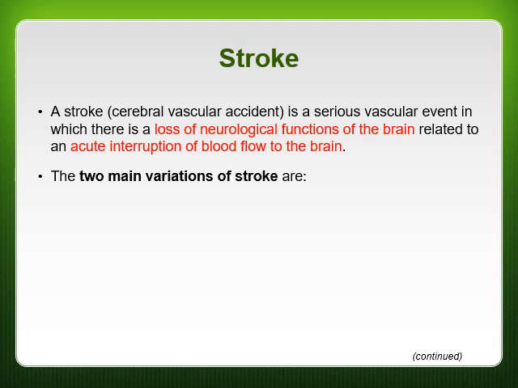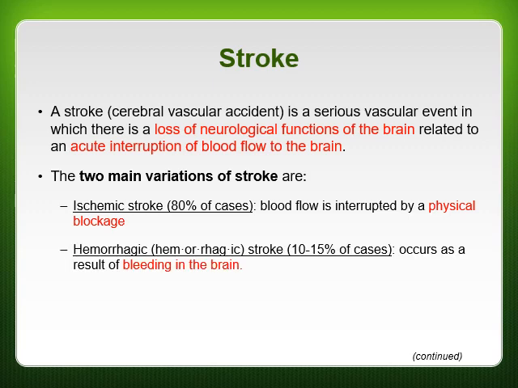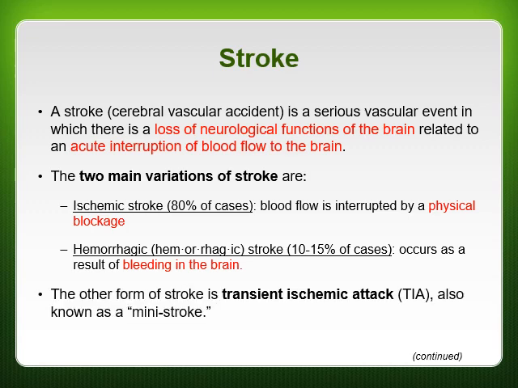Two main variations, however. You've got an ischemic stroke, and this is the majority of them, 80% in fact. That's where blood flow to the brain is interrupted by a physical blockage. So something physically blocks off the blood flow to the brain. A hemorrhagic stroke, resulting from a hemorrhage, occurs as a result of bleeding in the brain.